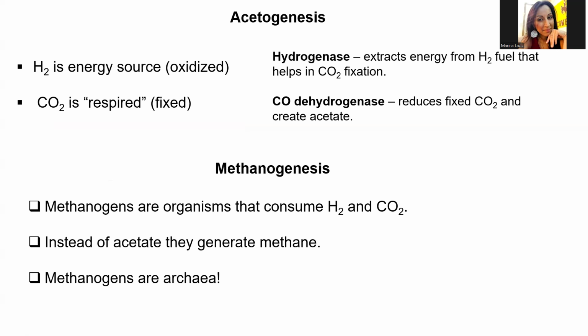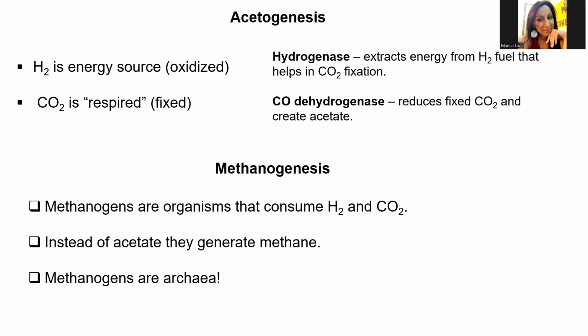One of the ancient metabolisms is acetogenesis and methanogenesis. Both of them use hydrogen as an energy source, and both of them respire or fix carbon dioxide. I put it under quotation marks because it's not really the same process. What characterizes acetogenesis is the ability to have CO dehydrogenase and hydrogenase.